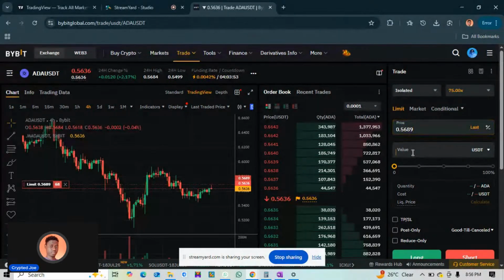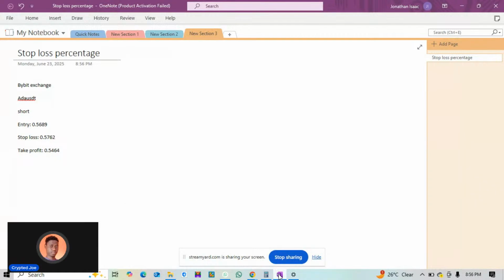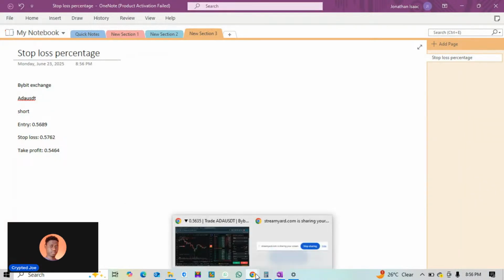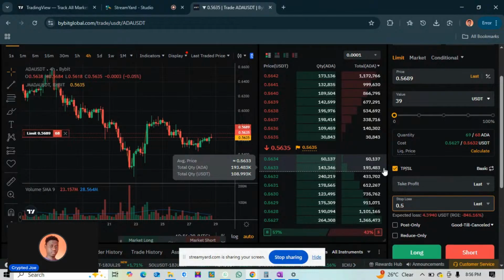Then my other value, like I told you, after doing my calculation, I got 89. Then TP/SL, and my stop loss is 0.5762.